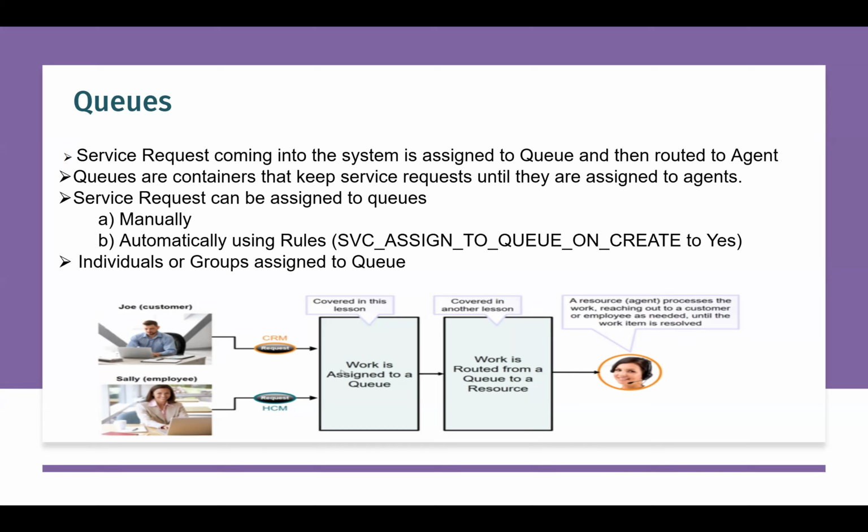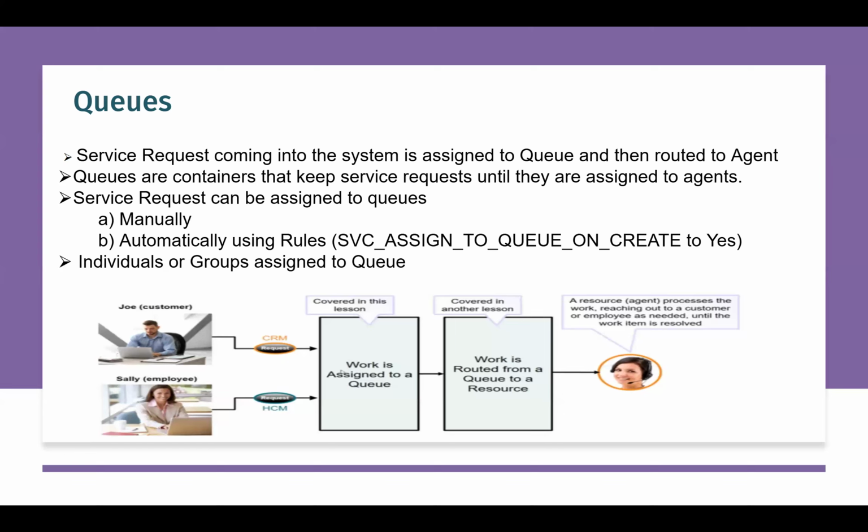For example, we have different regions of queues. For India, there is one queue. All the queues that are from India will be assigned to a group of agents.